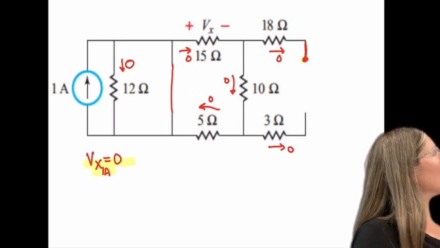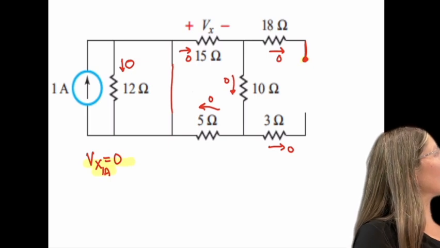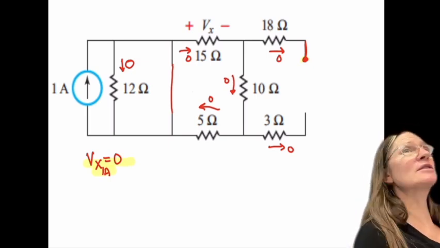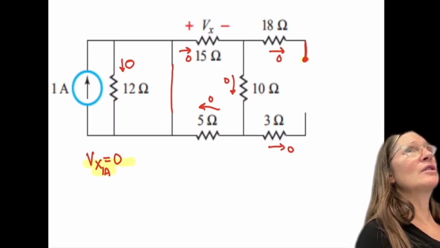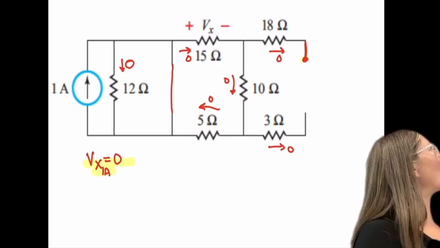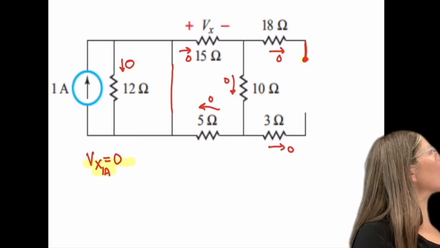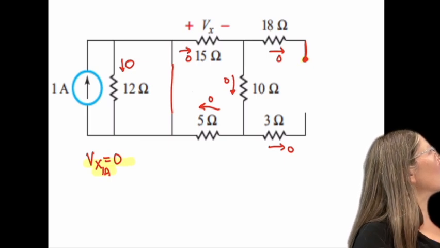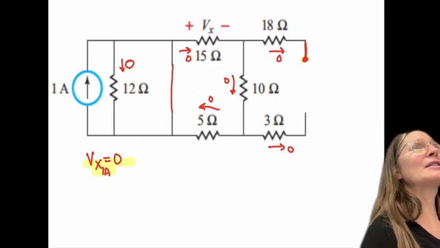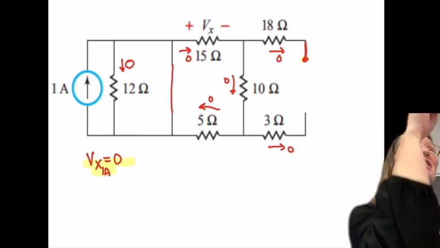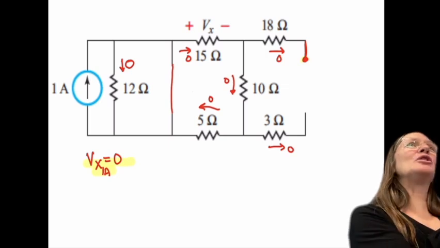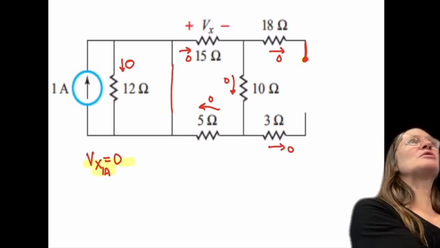What's more confusing is the 15 in series with 10 in series with 5. So those are all connected, but they're connected to a wire. So they're basically just connected together in a little circle, and there's no voltage applied to it.